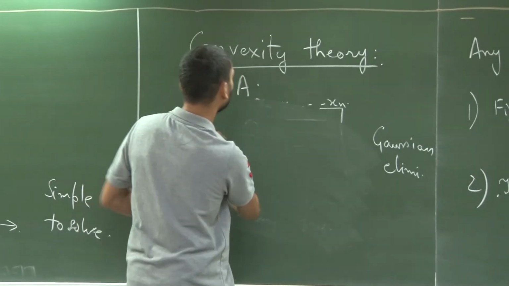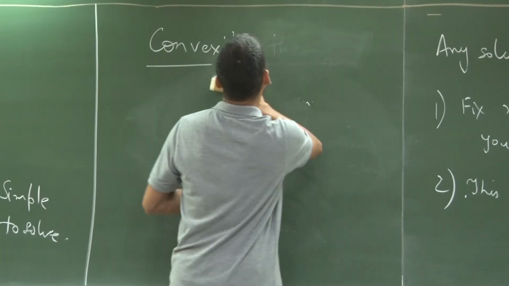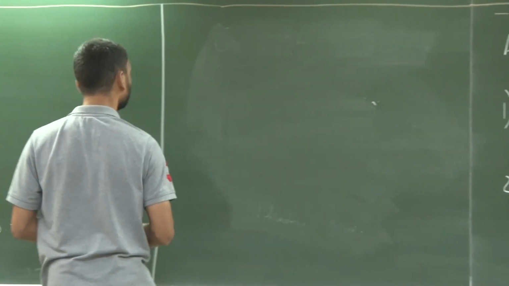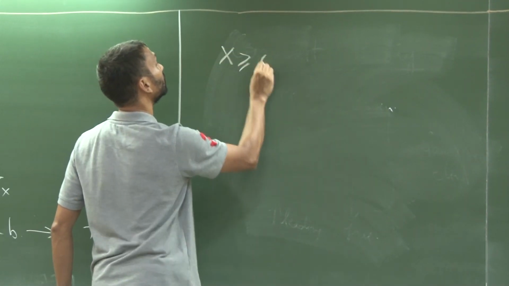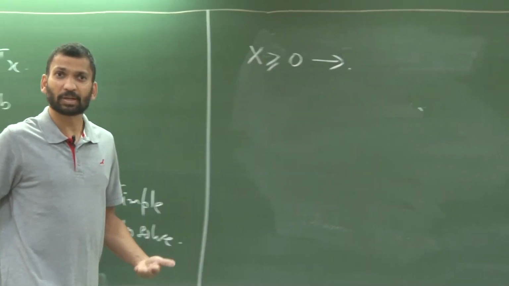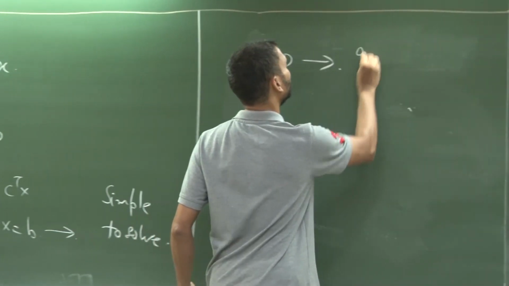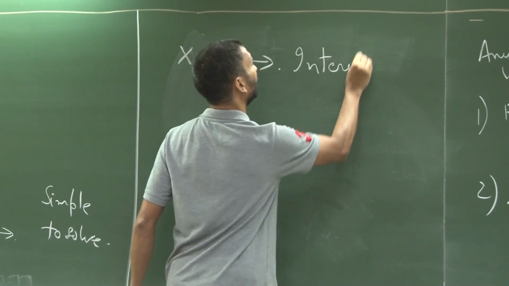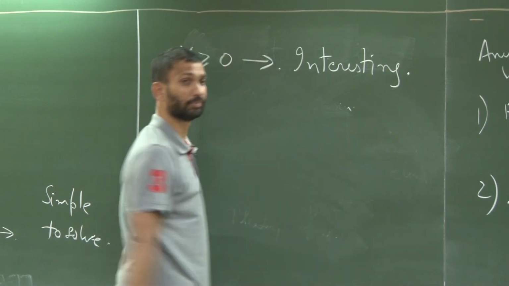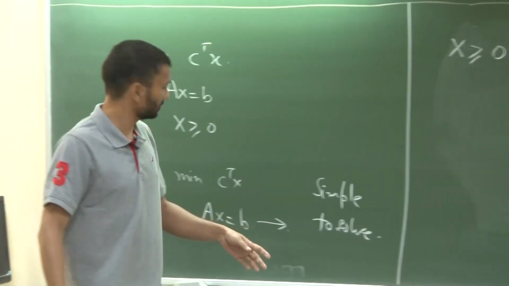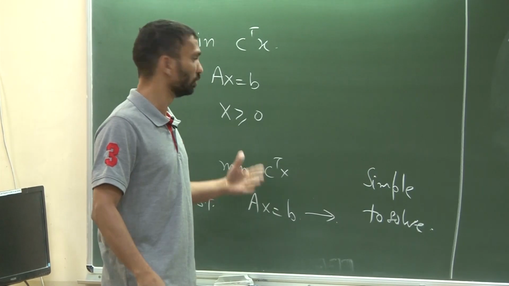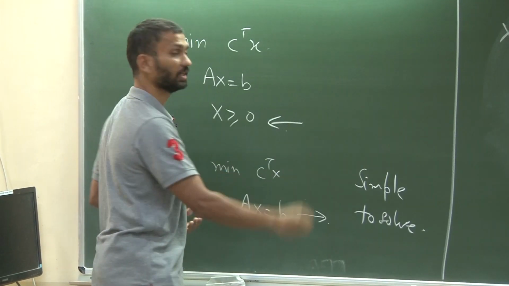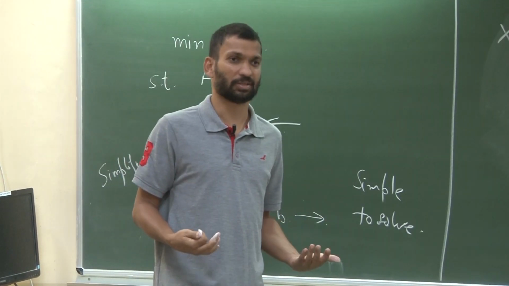So, this direction did not help. It shows us things only become interesting when I have this constraint. Otherwise, there are not many applications also. It is this constraint which is making this linear program interesting.